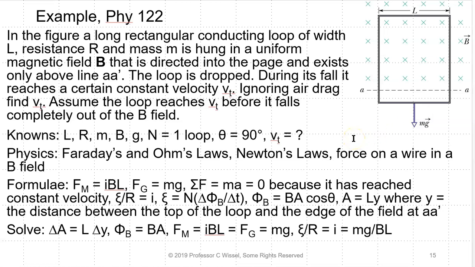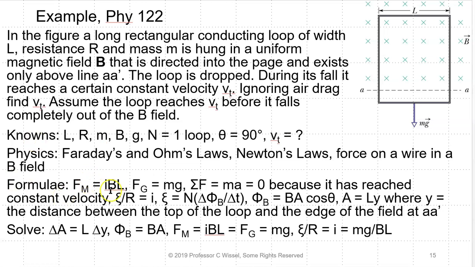Assume the loop reaches Vt before it falls completely out of the magnetic field. Okay, now we're going to derive an expression here. The knowns are L, R, M, B, g, and of course we have one loop for N, and theta is 90 degrees, because theta is the angle between this L and the magnetic field. We're looking for Vt. The physics of this is Faraday's and Ohm's laws, and Newton's law of force on a wire in a magnetic field.